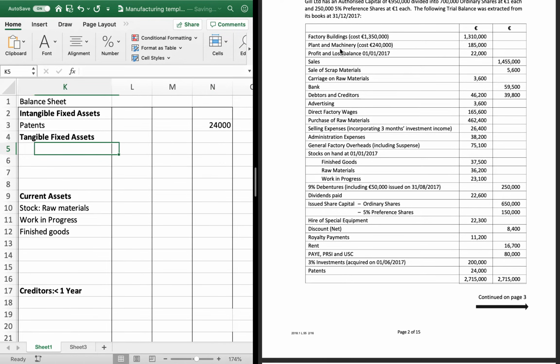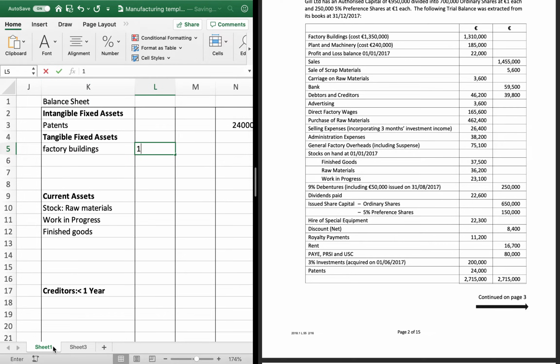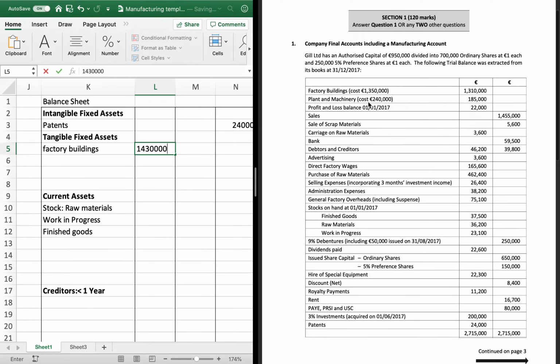So you've got your factory buildings, which is great because there was no depreciation. But those factory buildings in the answer are 1.43 million. There was accumulated depreciation, 1350 down to 1310, which is 40,000.